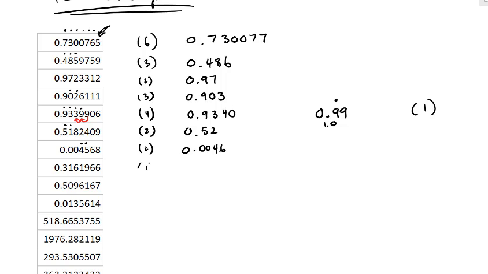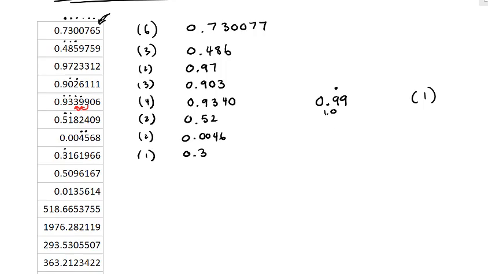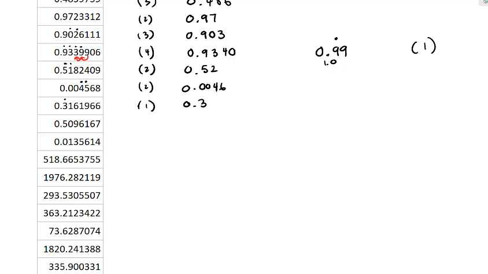Okay, let's do this one to one significant figure. So the first thing you measure is the 3. This one rounds down, so it's 0.3. Okay, let's do this one to, say, two significant figures. So the first thing you measure is the 5. This is the second significant figure.